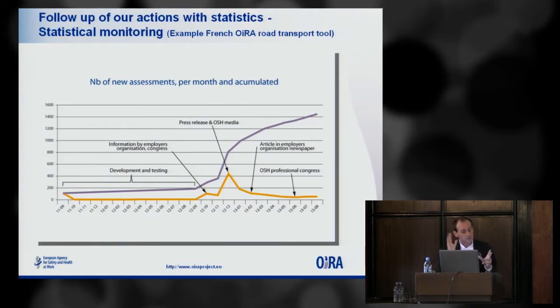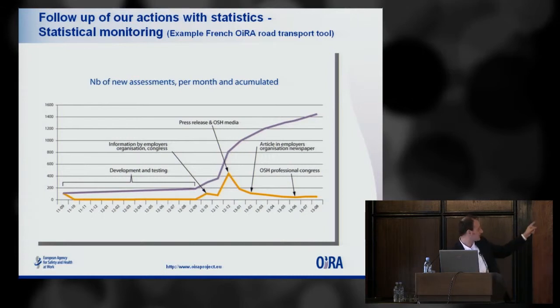I was talking also about the monitoring, and this is very useful, not just to control whether the tools are used or not, but also to increase knowledge about how to promote the tools. This is a tool developed in France by the INRS, the National Institute for Safety and Health, for road transport.